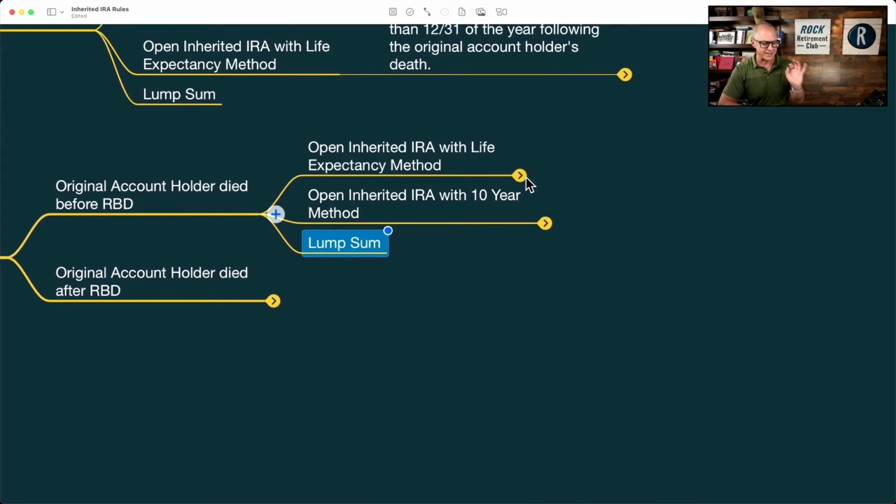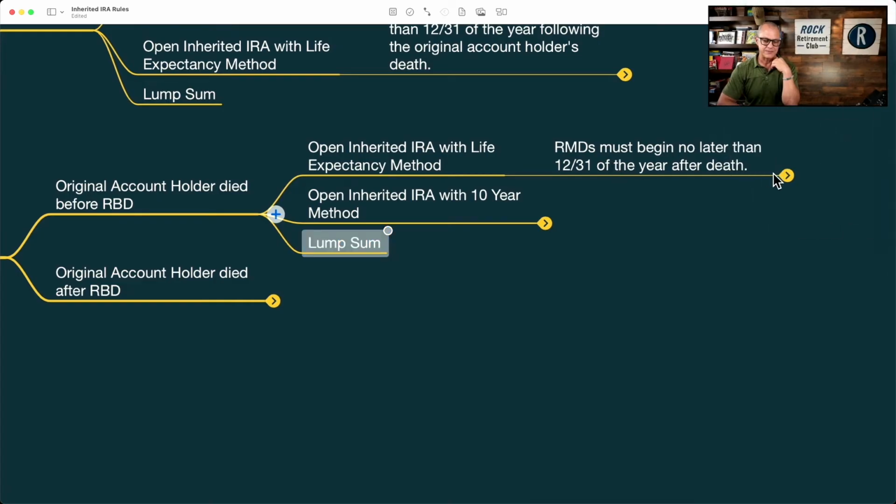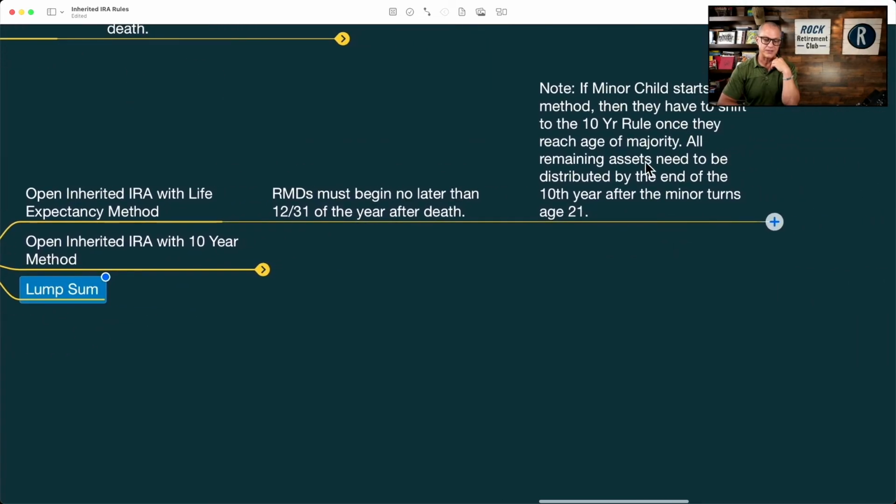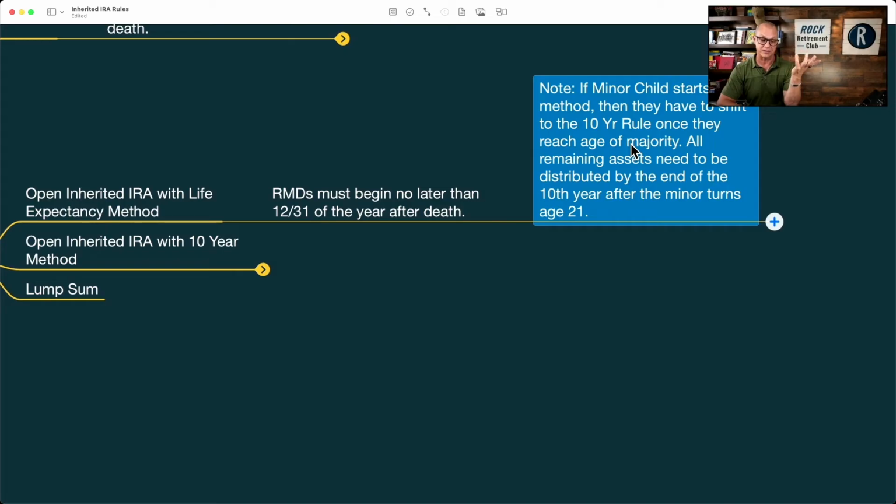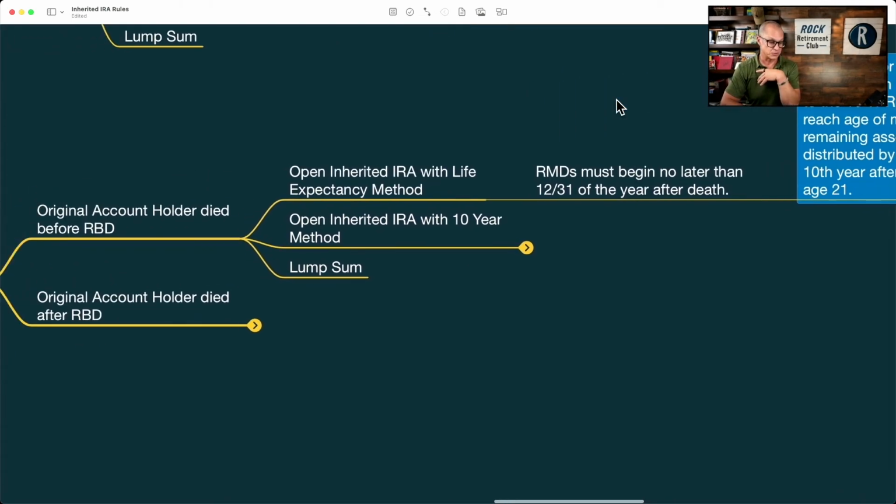Now, one caveat here is that if it is a minor child that's inheriting the account, they can use the life expectancy method until they turn age 21, is our understanding. And then at age 21, they have 10 years from that date to empty the account. So they go from the normal life expectancy method to a 10-year rule once they reach age 21.